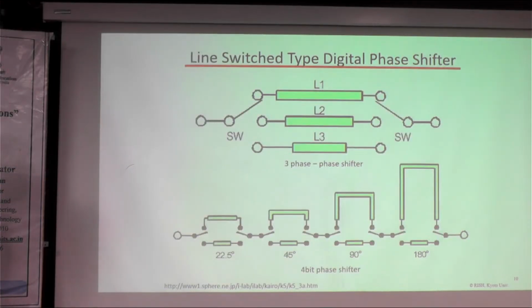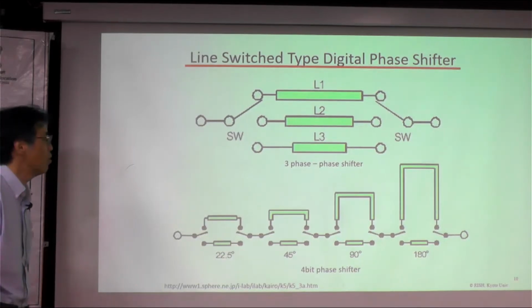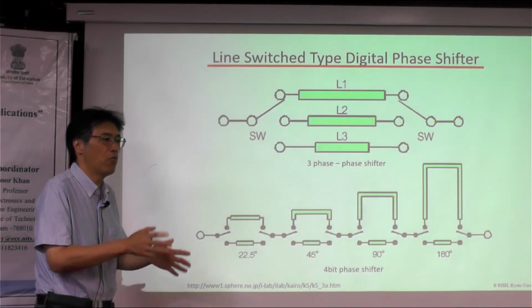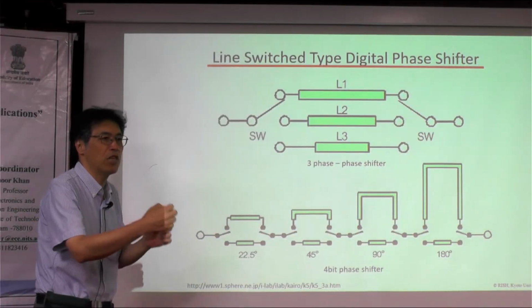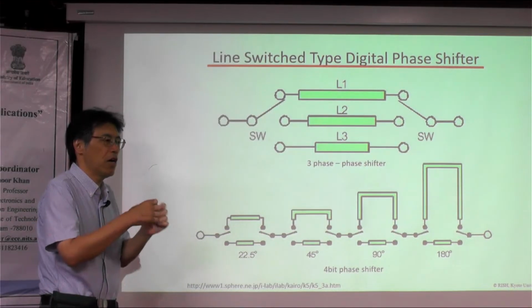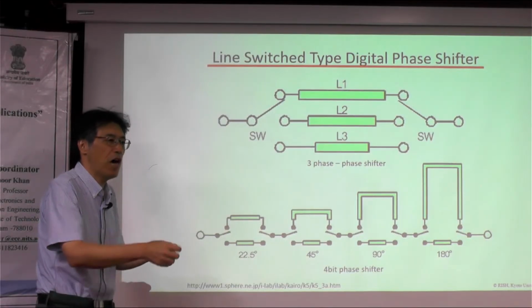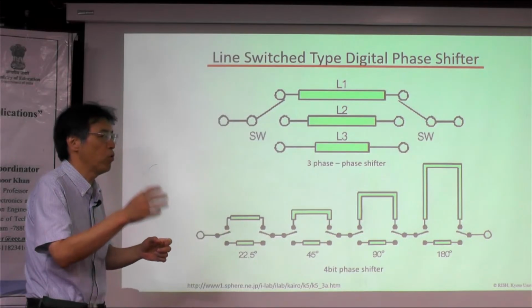So this is a very simple line switch type digital phase shifter. As you know, radio waves propagate even in the circuit, and propagate with the change of time and position.